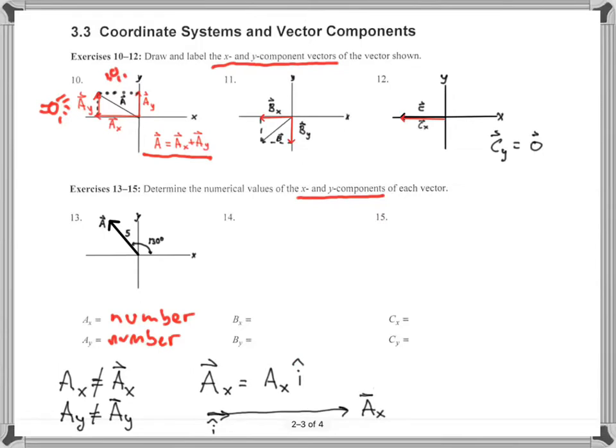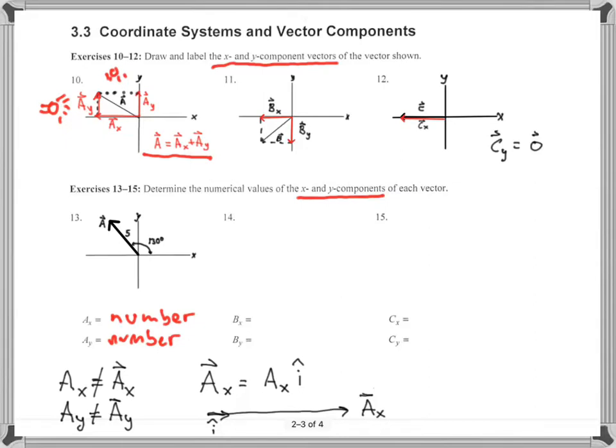So the way the x component vector is defined is that the ax vector is a number multiplied by the unitary vector i hat. Remember that i hat is defined as a vector along the positive x direction of magnitude 1. So if we have another vector that is also horizontal, then that x component vector is going to be a multiple of i hat.